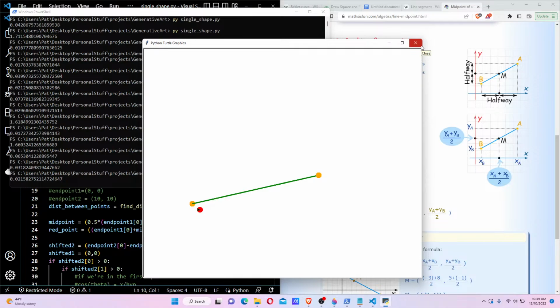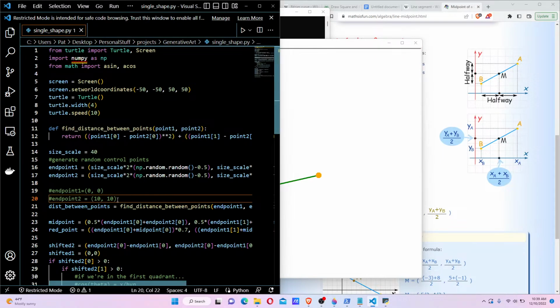So, instead of that, I could find the angle. So, direction, the distance between the endpoint and the midpoint.